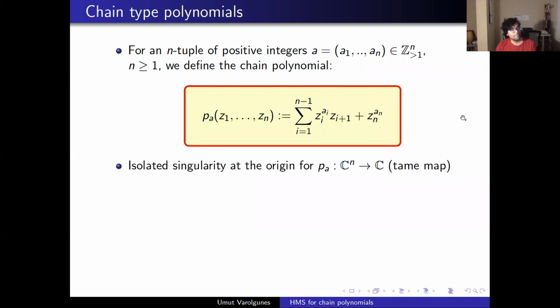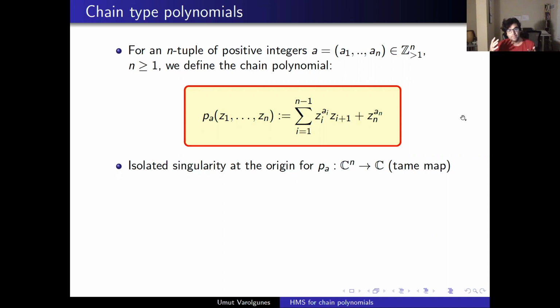And I can think of these polynomials as maps from Cn to C. And there is an isolated singularity at the origin, and there's no other singularity. It's a quasi-homogeneous polynomial. And it's also a tame map, and I'm not going to really explain this, but what it lets me do is that I don't have to take a small ball to define the Milnor fiber.